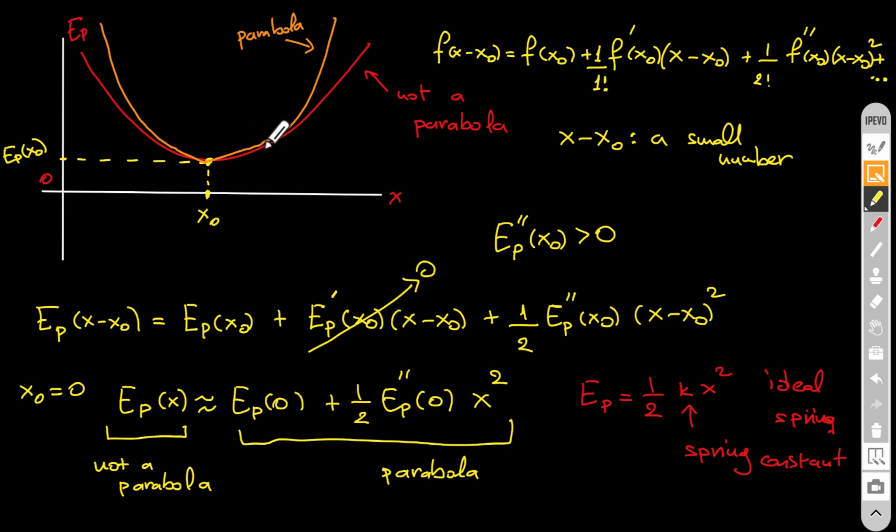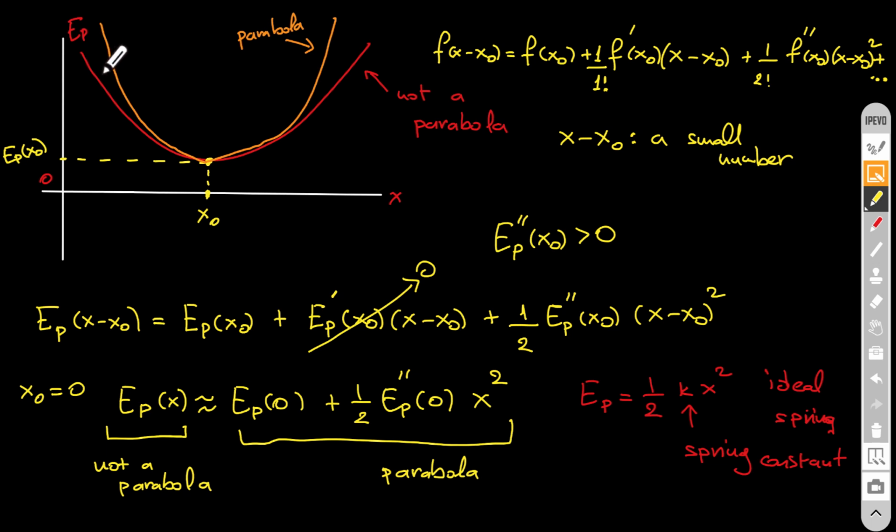And this is what I'm showing here with the orange line and the red line. The orange line is closer to the potential energy of the system when you stay around x naught, but as you start deviating more and more from x naught, the deviation between the two becomes greater and greater.